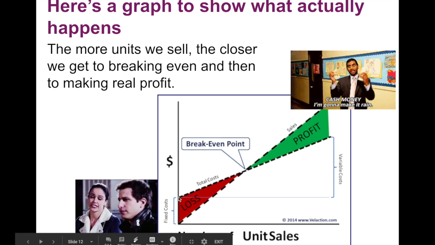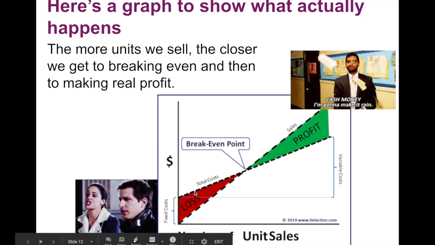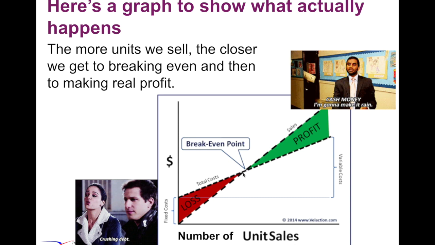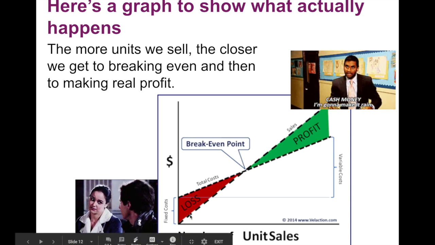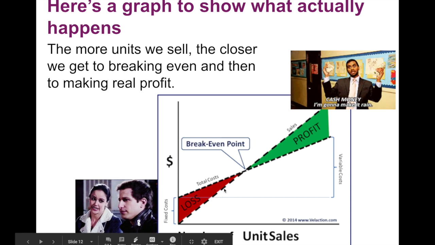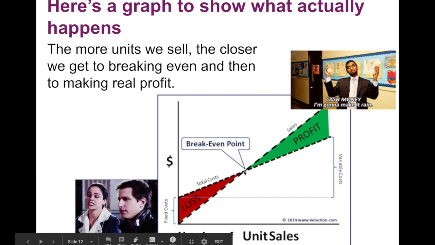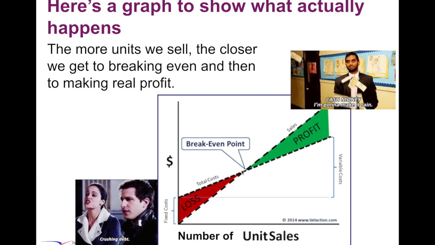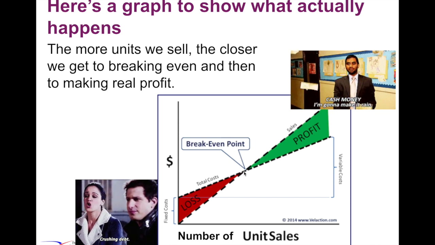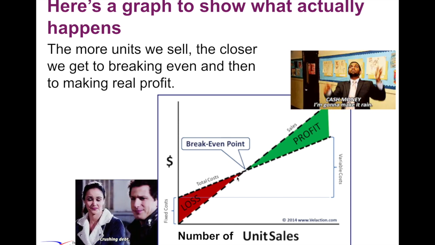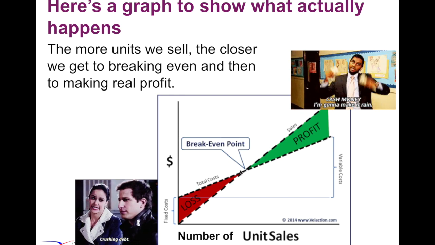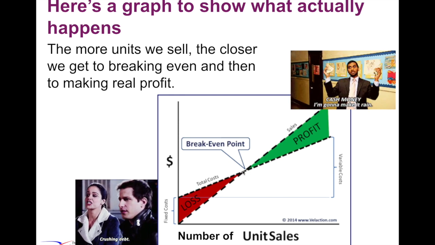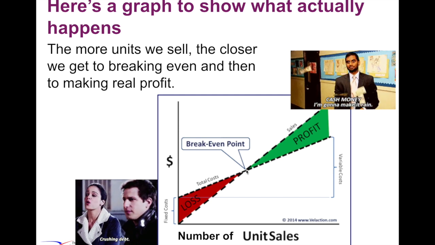So as we make stuff, our costs go up, and they keep going up. But also, as we sell stuff, our sales revenue goes up. And eventually, there will come a point where these two lines intersect. Our sales revenue, represented by this line, and our total costs, represented by this line, intersect with each other.